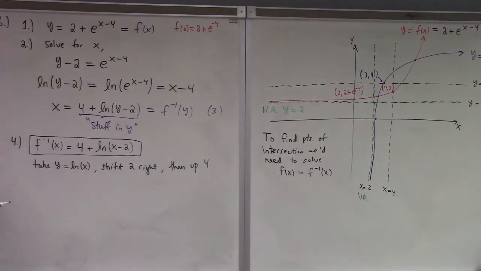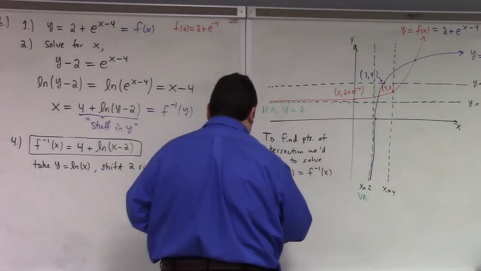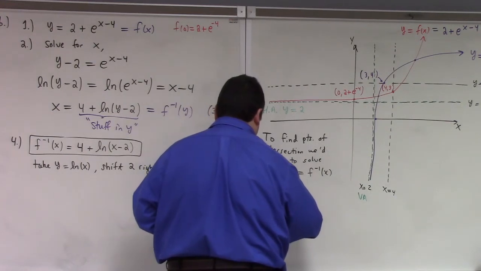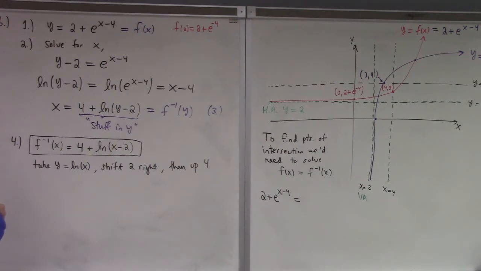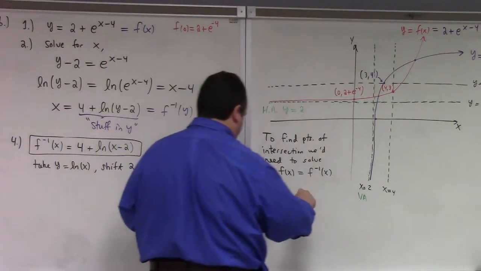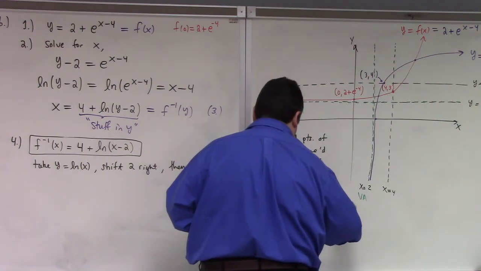What would that look like? We'd have to solve 2 plus e to the x minus 4 equal to what? 4 plus the natural log of x minus 2.